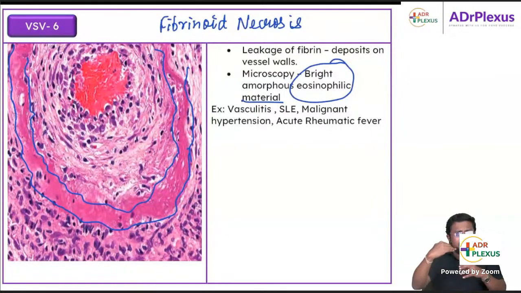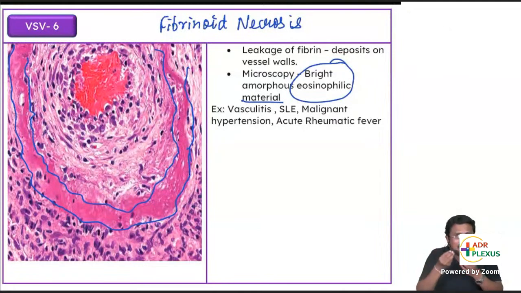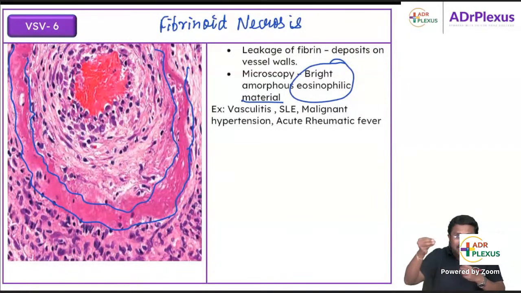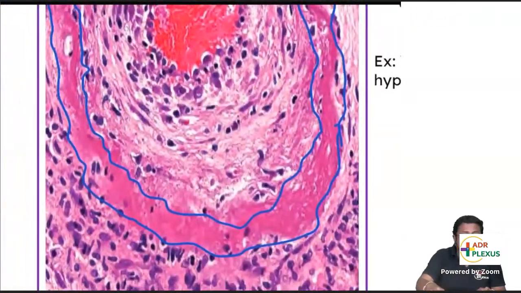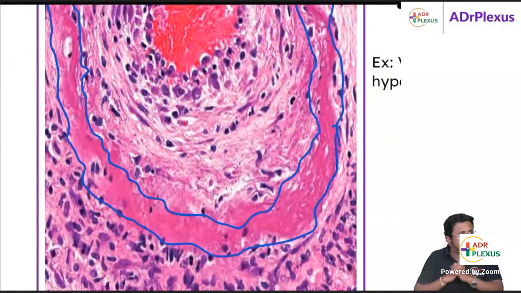This causes the liberation of chemical mediators and cytokines, which damage the vessel wall. Inside the blood you have fibrin, so that fibrin will leak out of the blood vessel and be deposited in the vessel wall. And this is fibrinoid necrosis. In most vasculitis, you will get this fibrinoid necrosis.